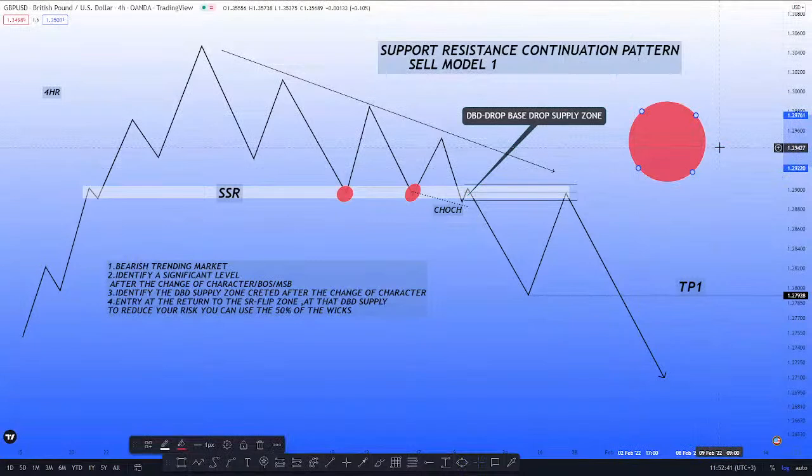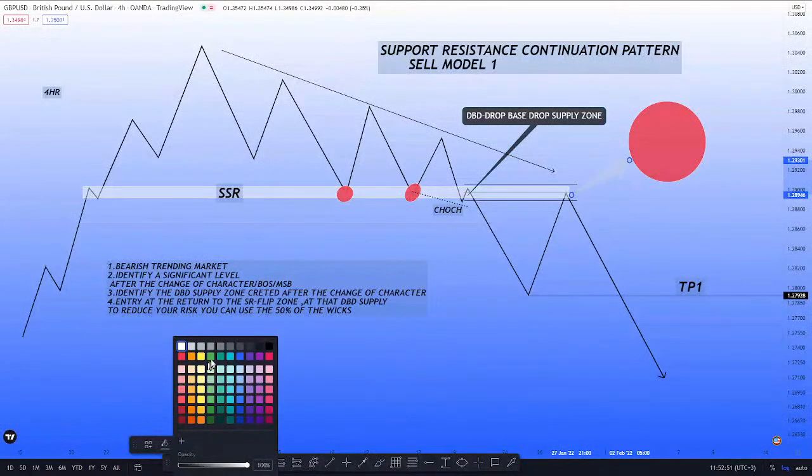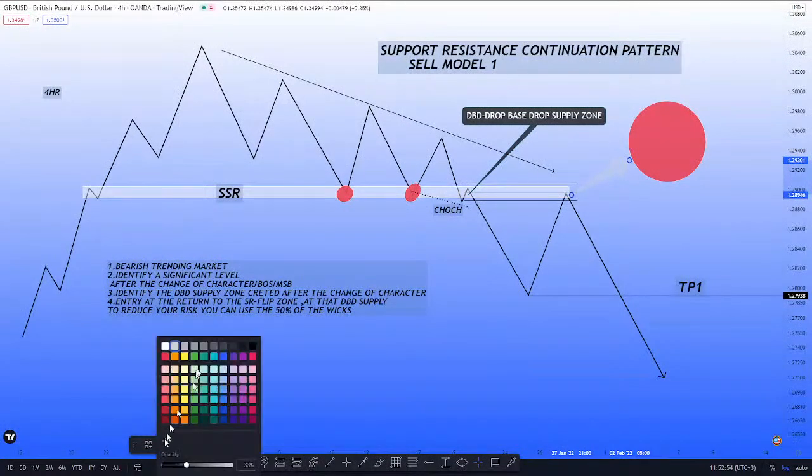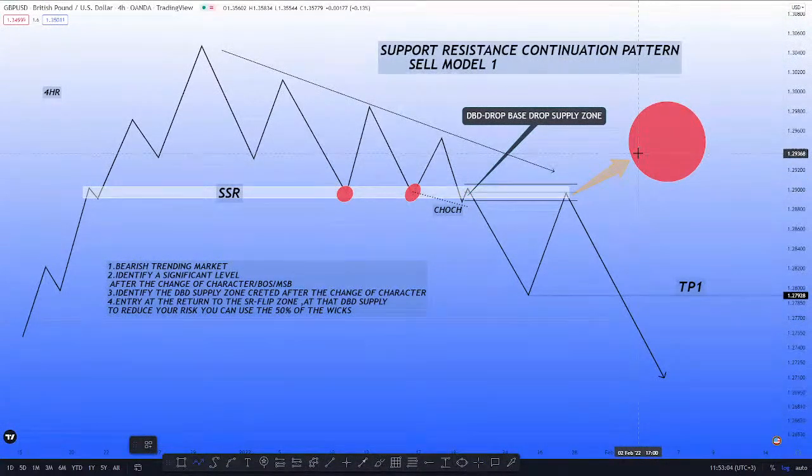When the price reaches your POI, you can narrow to M5 or M15 and wait for something like a high to be formed, a higher high, then a lower low below the previous low, then entry at this QM level.